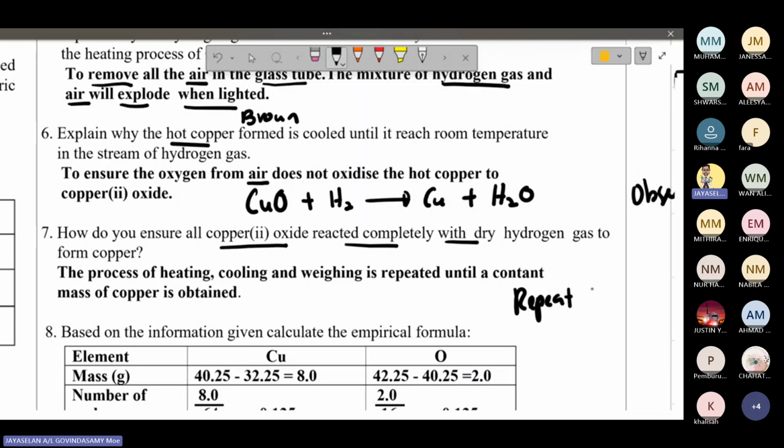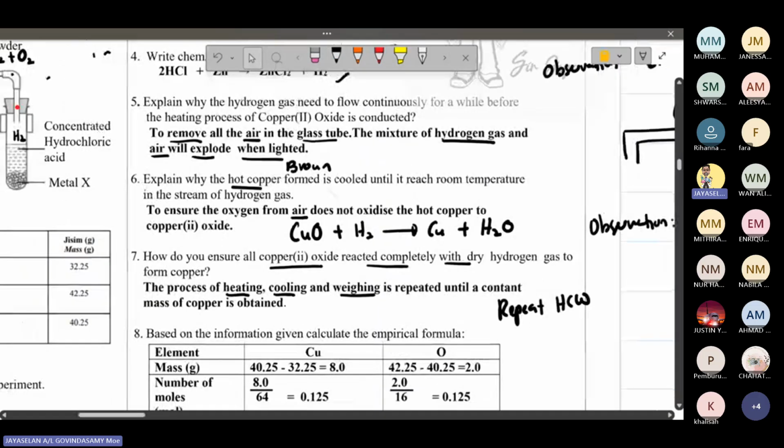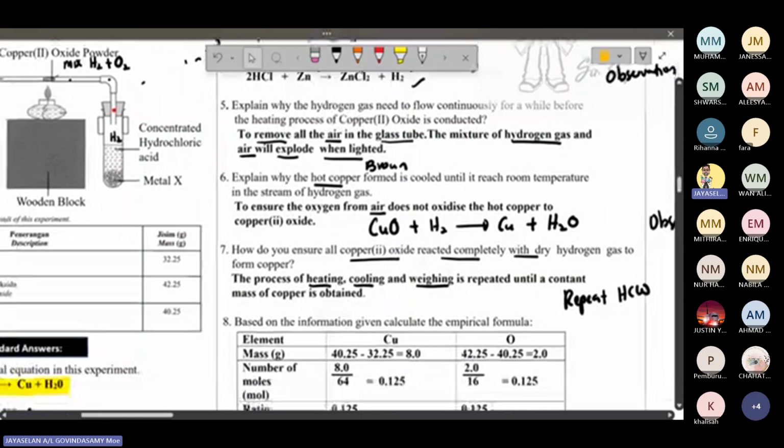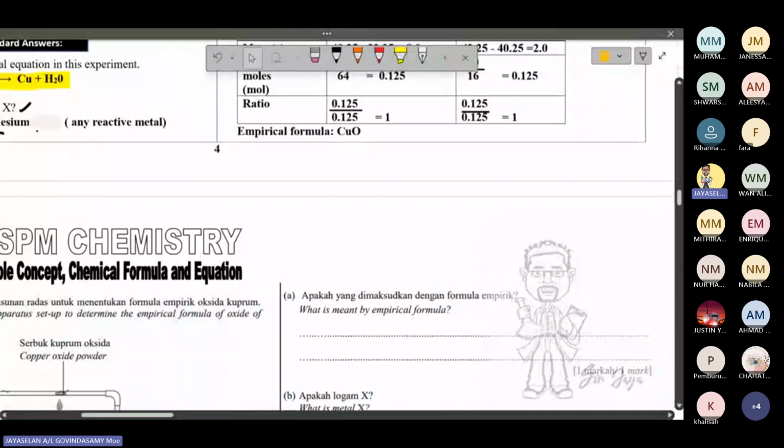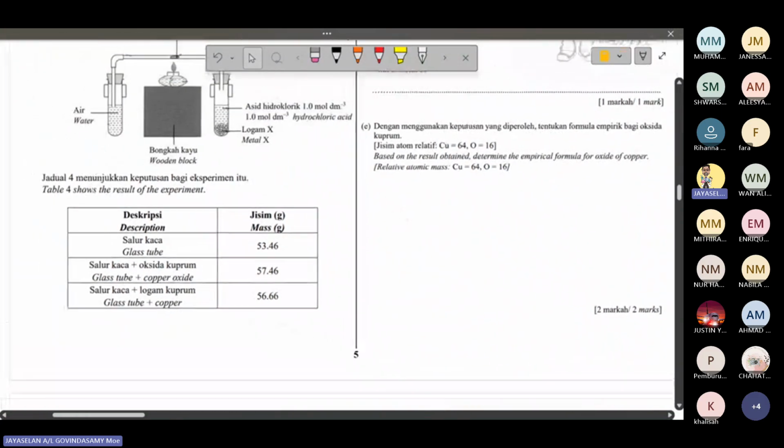You repeat the HCW process. Repeat the process of heating, cooling and weighing until constant mass obtained. Any question? So jawapan semua ada dalam modul, you tengah baca saja. Faham? Any question?